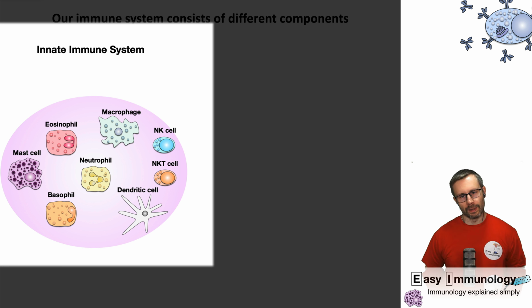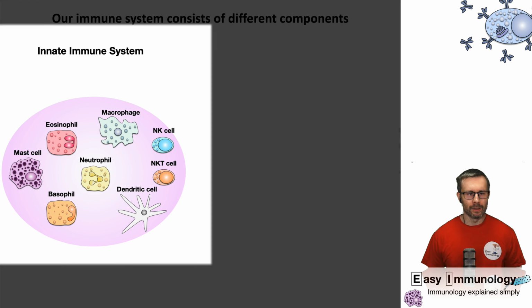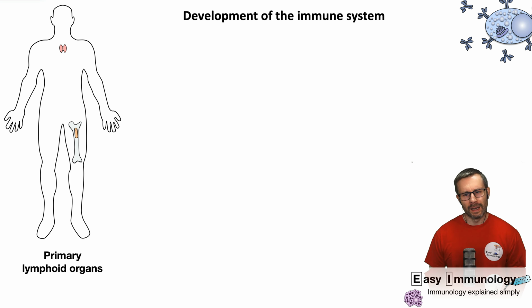The immune system is separated into two parts. The first one is the innate immune system. It consists of, for example, dendritic cells and macrophages, cells that eat up pathogens. Neutrophils can do this too. Then we have eosinophils, mast cells, and basophils. We also have NK cells and NKT cells, so quite an array of different cells.